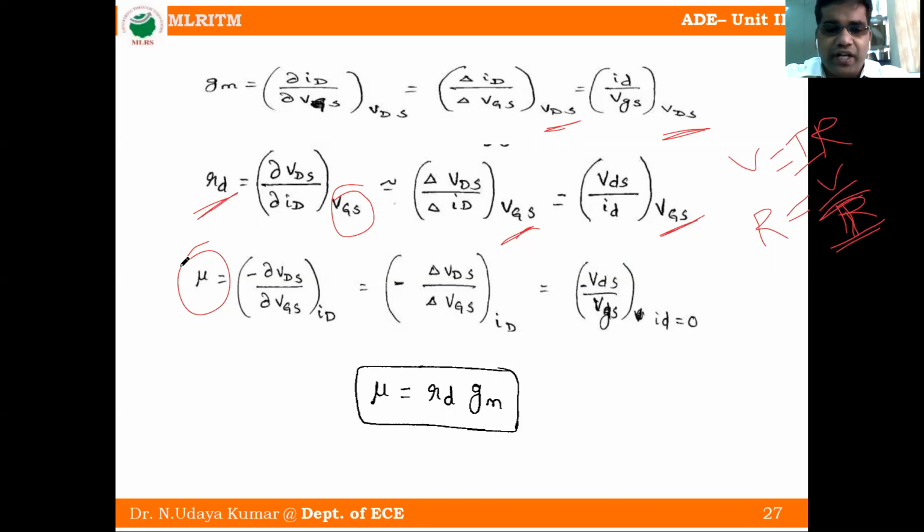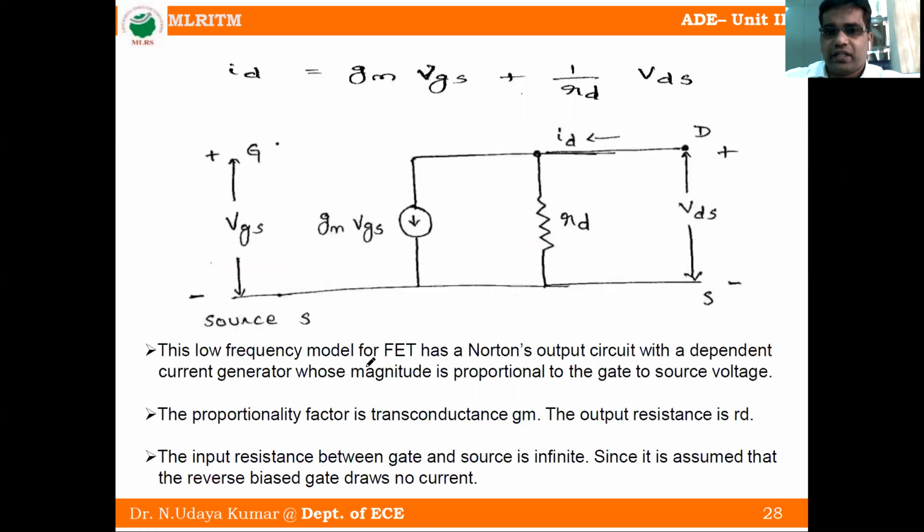So finally we will get mu is equal to RD into GM. That is, the amplification factor is equal to drain resistance multiplied with transconductance. Drain resistance multiplied with transconductance is called the amplification factor.